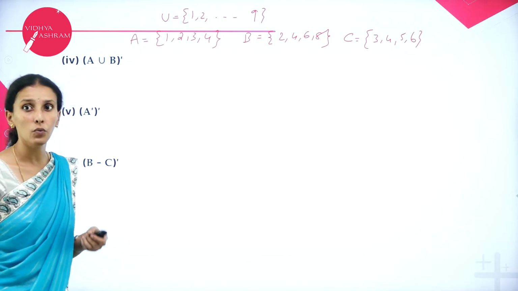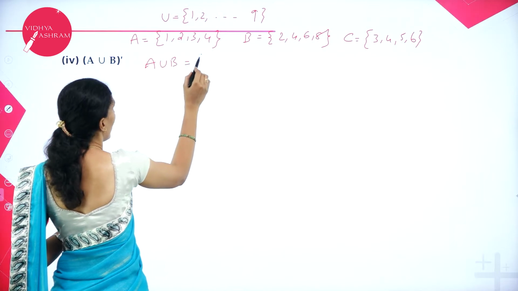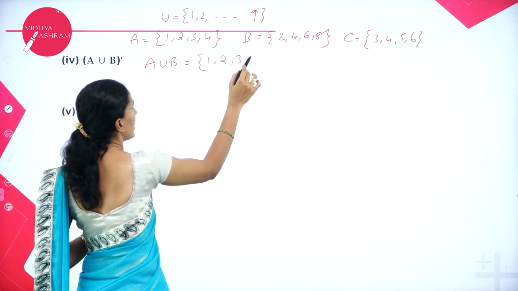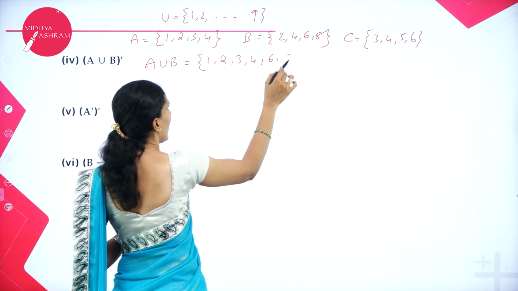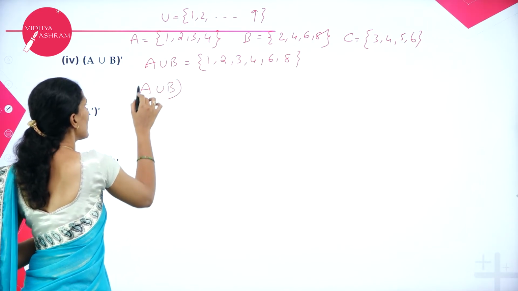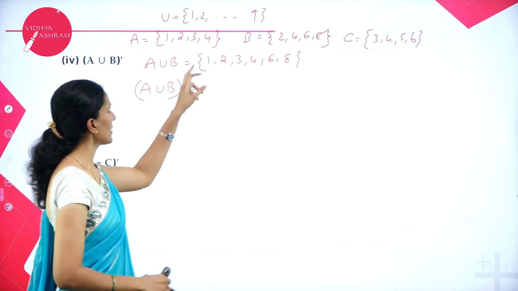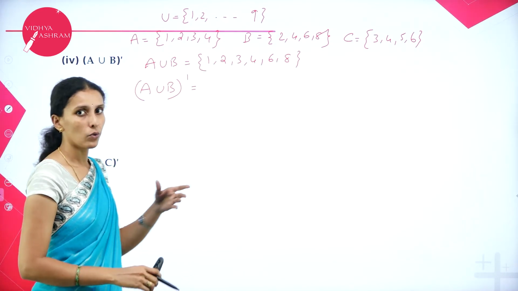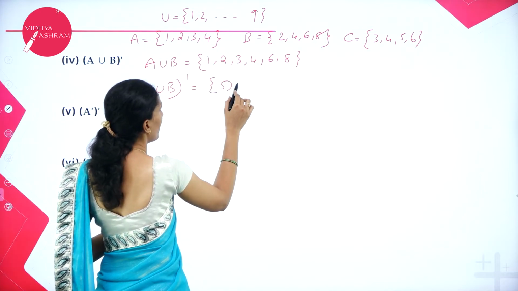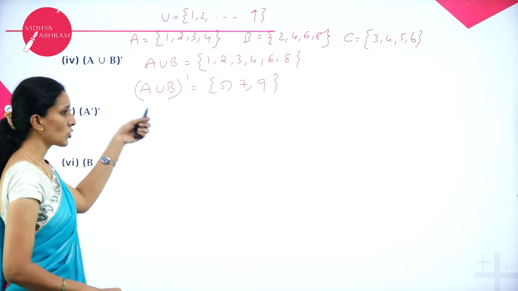First find A union B, writing all the elements from A as well as B. That is 1, 2, 3, 4, 6, 8. Now we will take the complement of this. Leave the elements in A union B, so except 1, 2, 3, 4, 6, 8, write only the remaining elements. So we have 5, 7, 9. Next, A dash whole dash.